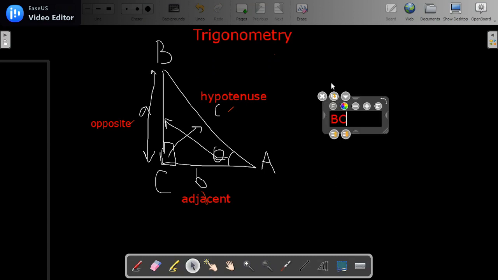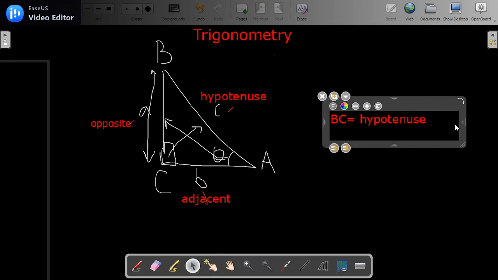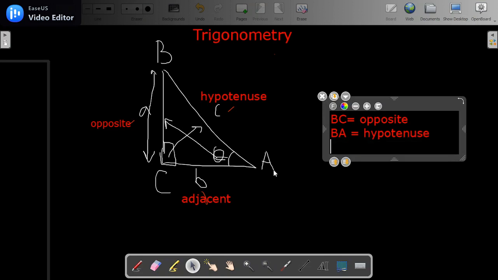BC is equal to the opposite, while BA here is the hypotenuse, while AC here is the adjacent.